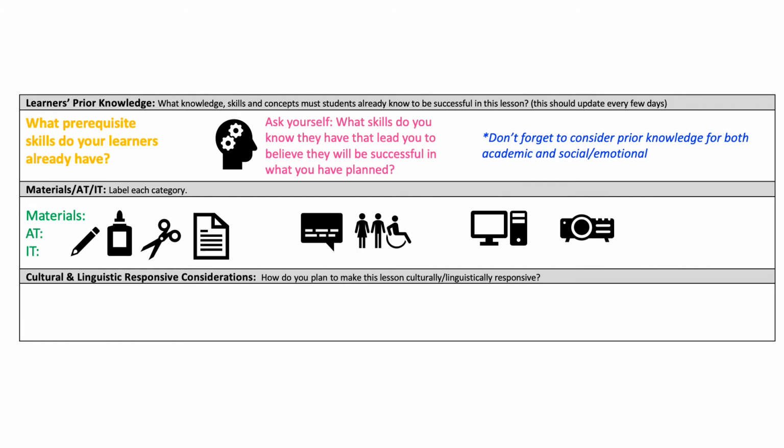Next, we have our materials, assistive technology, and instructional technology, and we ask that you label each category just as is modeled here on the left. Please list all materials, supplies, and equipment that are necessary for the lesson. Consider enhancements for your instruction, such as visual aids, instructional and assistive technology.